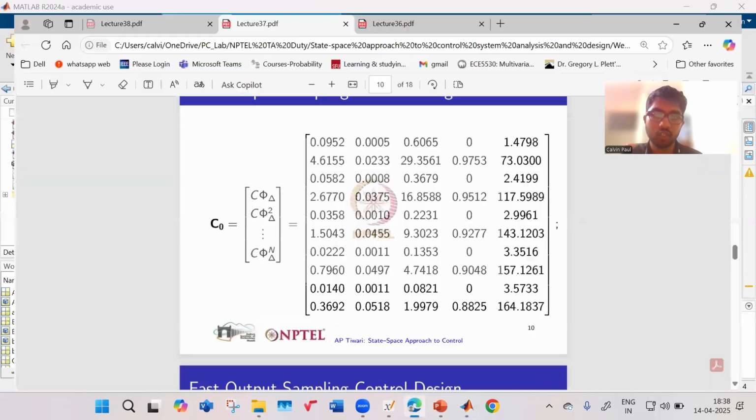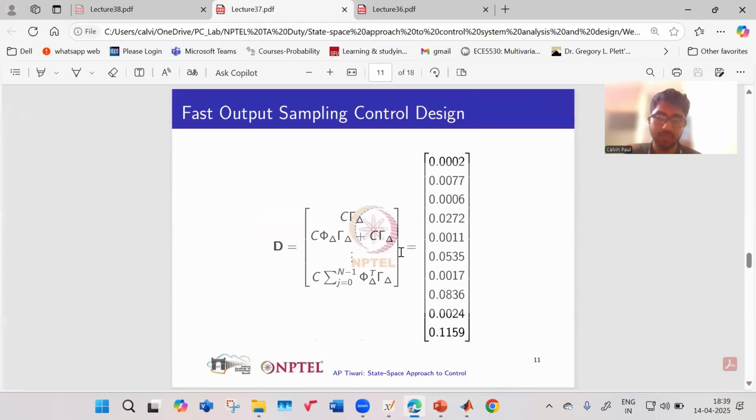So now once we have got C naught, what do we have to do? We have to find D. Okay, so D is a little bit more complicated. It is C into phi delta and C phi delta plus C phi delta into gamma.